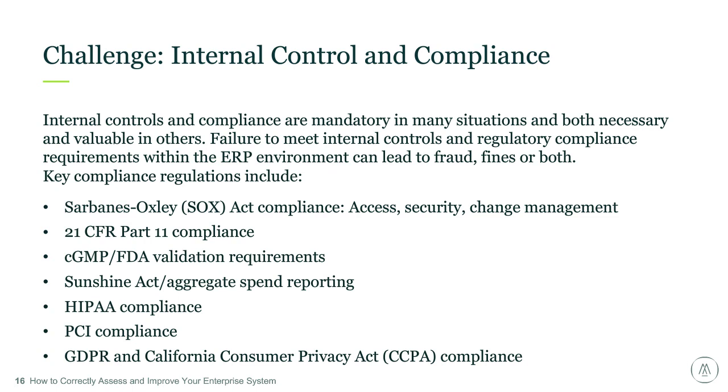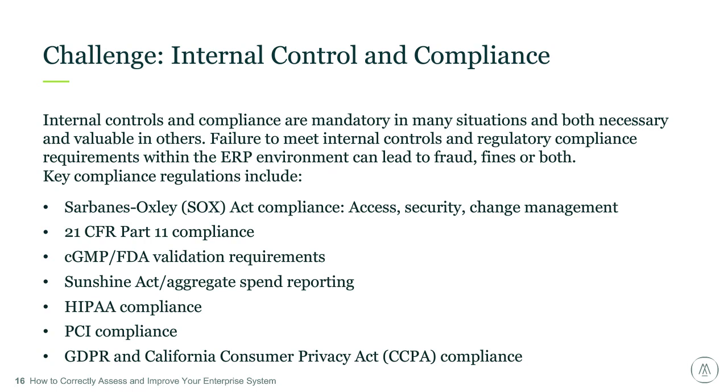Aside from SOX, there are specific regulatory and industry compliance needs that may require you to reassess your system. One example is 21 CFR Part 11, which codifies FDA requirements for electronic signature and audit trails before electronic records can be considered trustworthy.